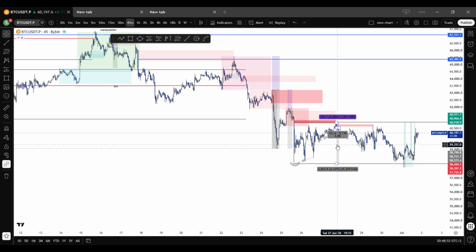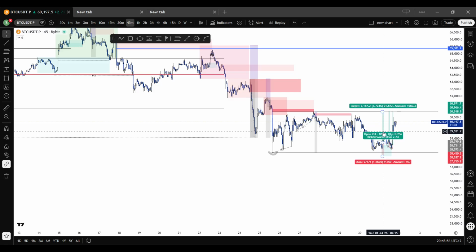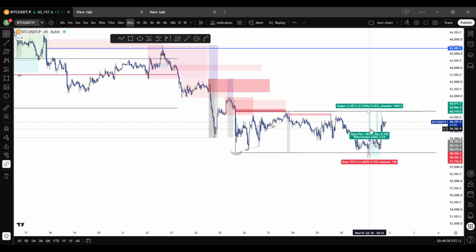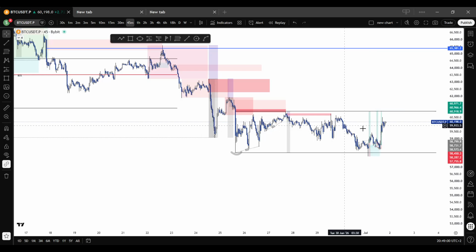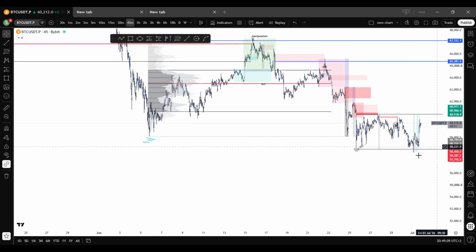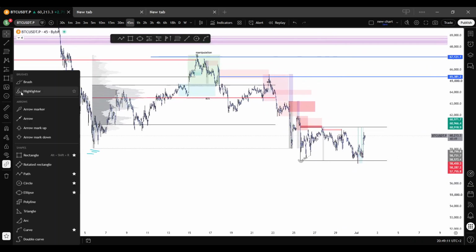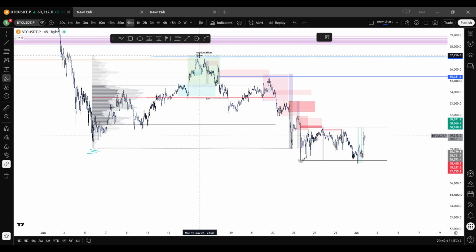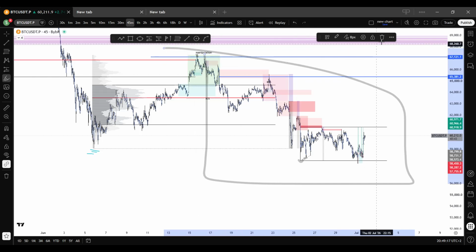Here we go full position, 4% plus 7, 11%. Then I didn't take one because I was sleeping. 11% minus 1, 10%, plus, if this TP hits, plus 8%, 18%. This entire range, from here until here, you could have made 18%.